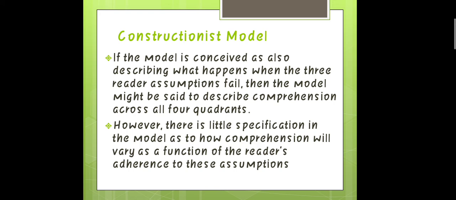That is to say that the constructionist model will apply to all four quadrants if the three reader assumptions, the coherence, explanation, and reader goal assumptions, fail. However, there is little specification in the model as to how comprehension will vary as a function of the reader's adherence to these assumptions.